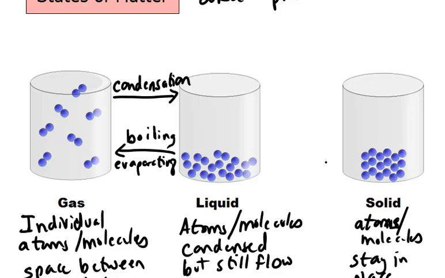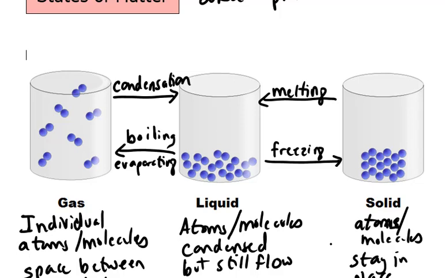Now, going between liquid and solid, if you go from a liquid to a solid, think in terms of putting your liquid water in the freezer, you are freezing it. And if you take your solid ice out of the freezer and let it turn to liquid, you are melting it. So those are the phrases going from liquid to solid and solid to liquid.